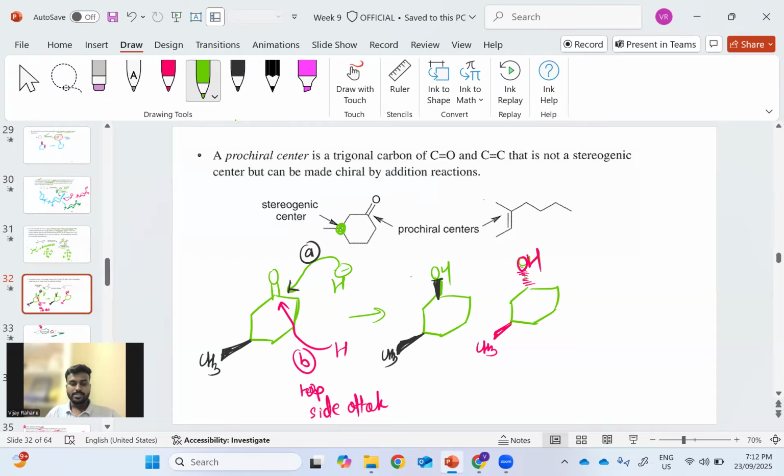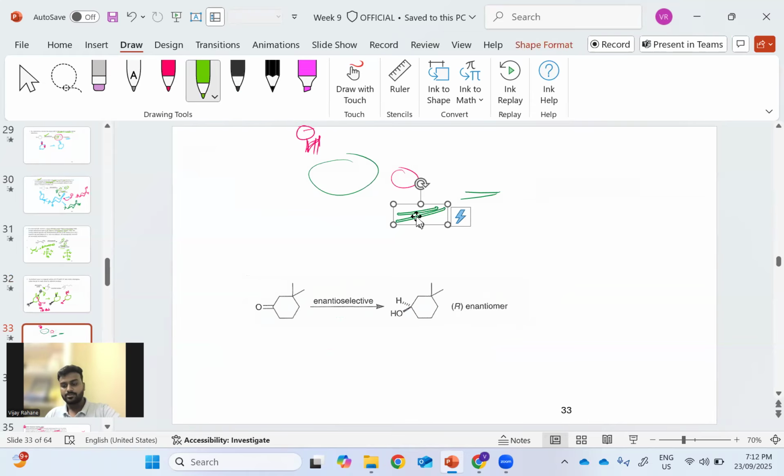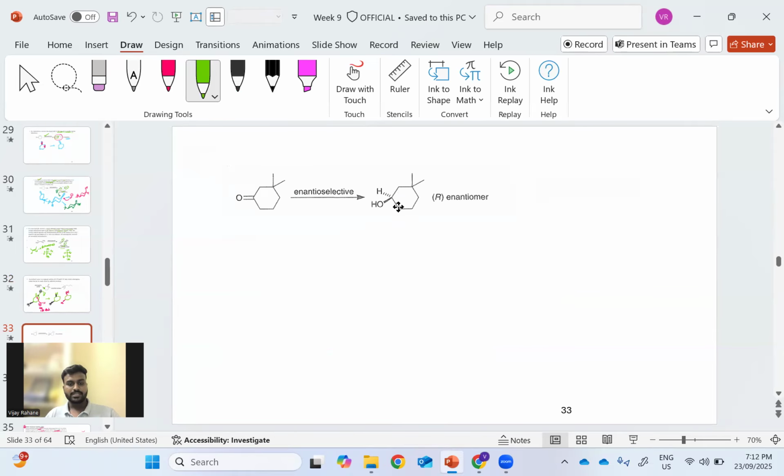This type of reduction we will also see here. Let's say we do the reduction with normal NaBH4, and take one example. We have such a starting material, and here we have a directing group, which is directing beta. This is also one of the groups which is directing beta.